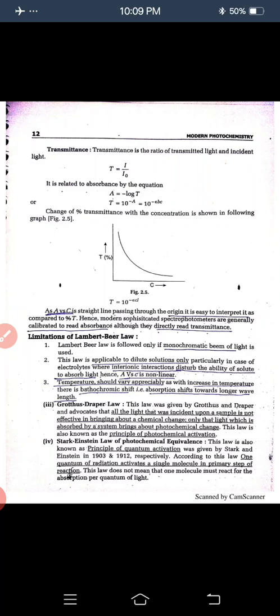Only that light which is absorbed by a system brings about photochemical changes. This law is also known as the principle of photochemical activation.